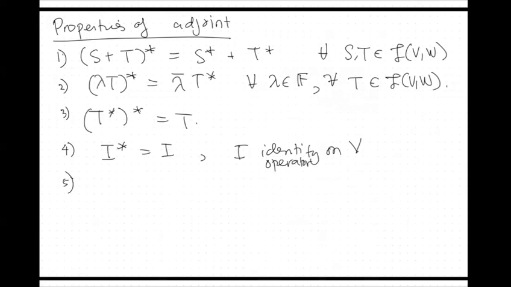And then number 5: (ST) star will reverse order.